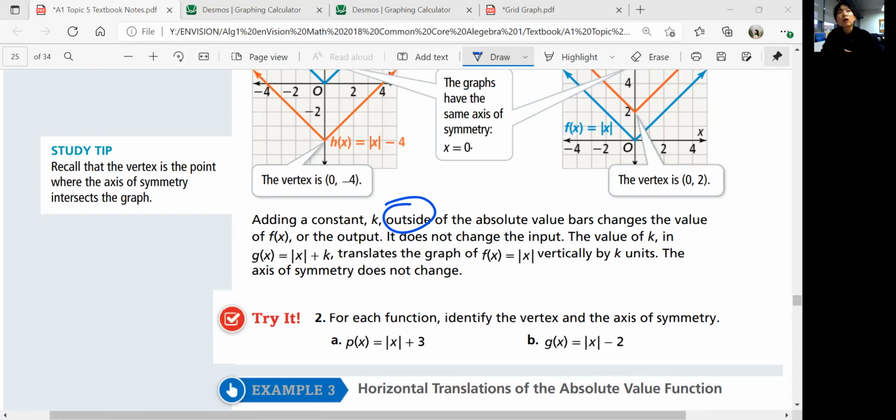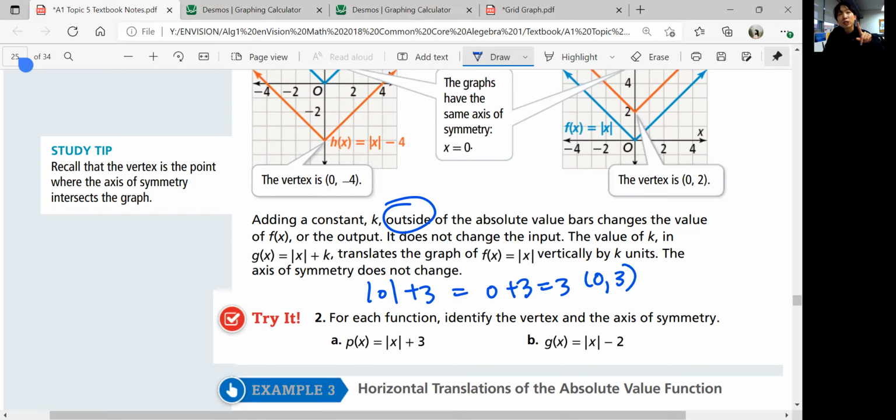All right, so the vertex will start when your slope changes, which is when your x is equal to 0. So plug in 0 here and see what it is. Absolute value of 0 is 0, so plus 3 is 3. So you have the point (0, 3).